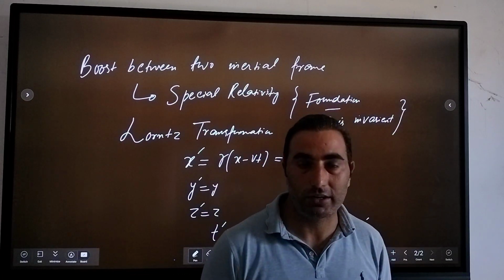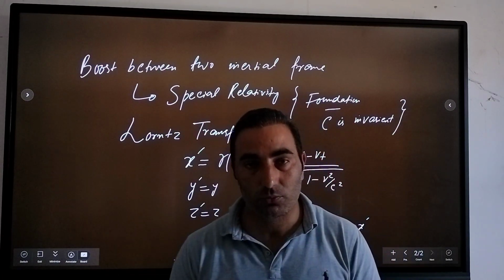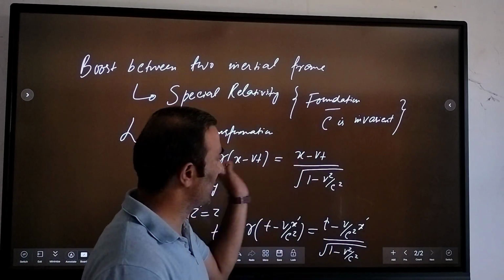The basic equations involved in this theory are the Lorentz transformations, and we have this gamma, the Lorentz factor.